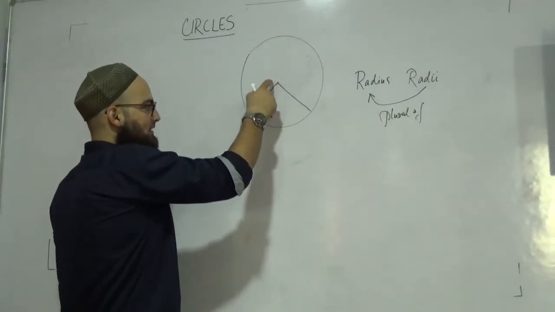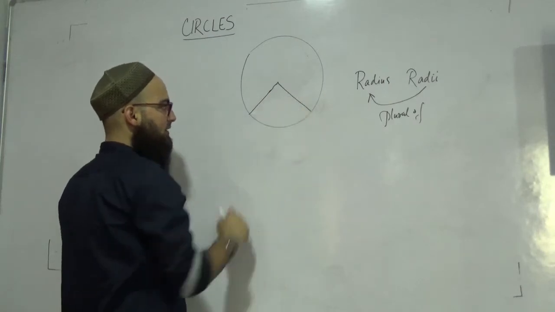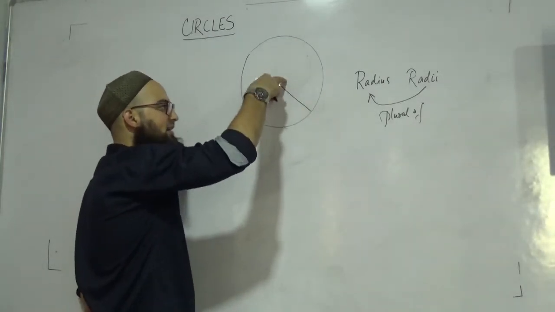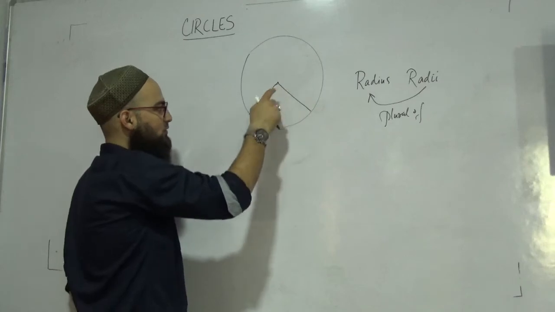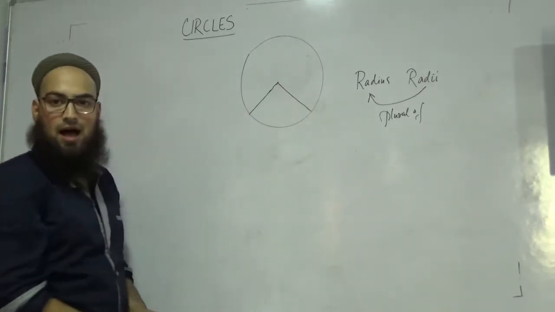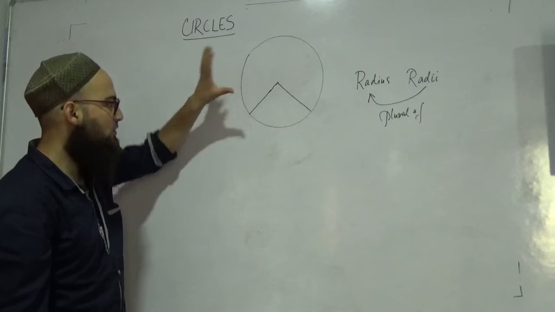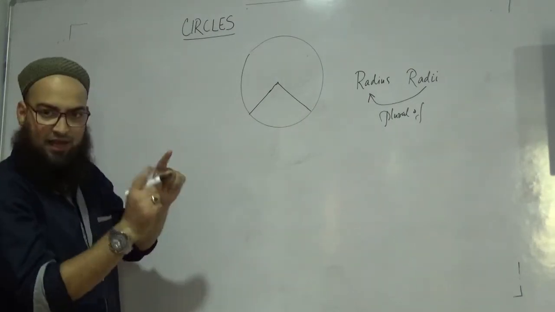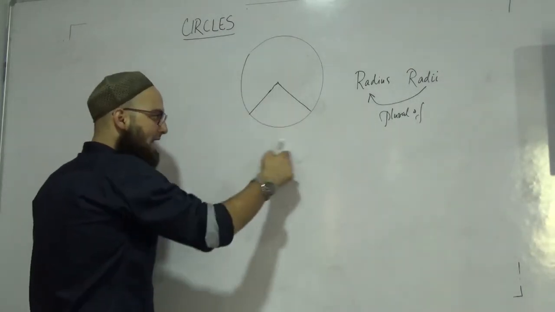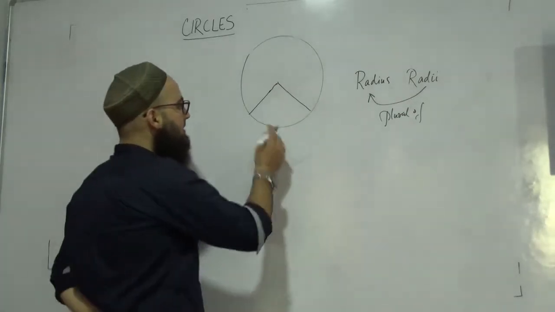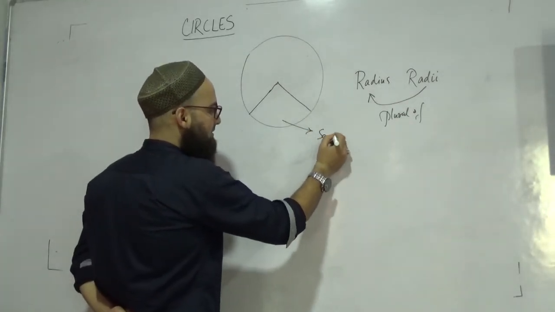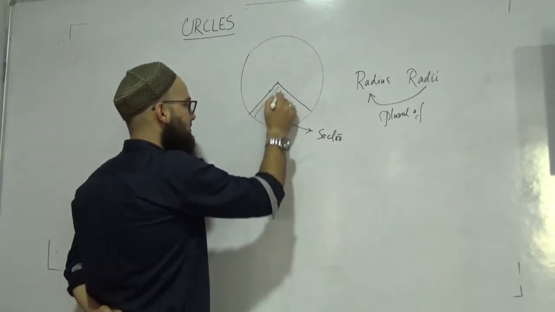This is one radius, this is another radius. The region between two radii and the corresponding arc. Now you know what's radius, you know what's arc. So the region, the area between radii and the corresponding arc, this is called a sector.